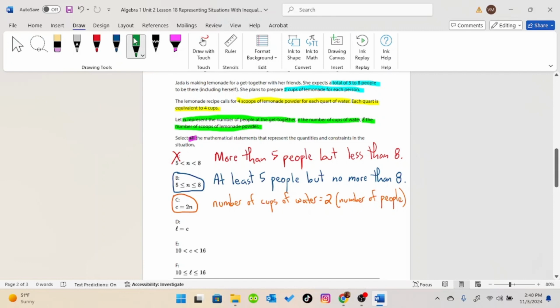Now we look at D. D says L equals C. Well, if we look in green, L is the number of scoops of lemonade powder. So, scoops of lemonade powder equals C, which in green, C is the number of cups of water.